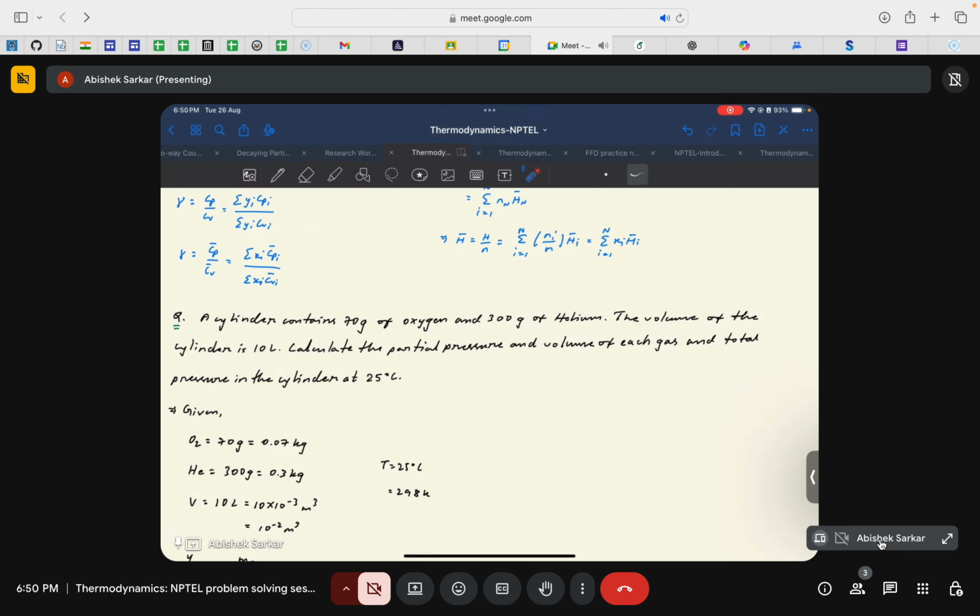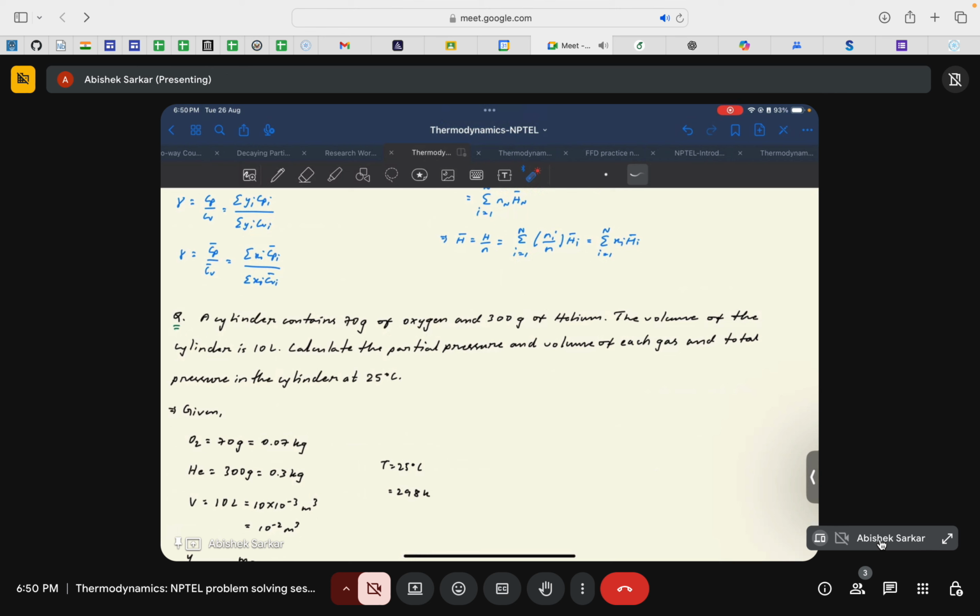Okay, so if you want to find Pi, the terms you need to focus upon are Xi and P. Both of them are not given. But what you're being given is the mass of the individual gases, and the molecular weights you need to know.